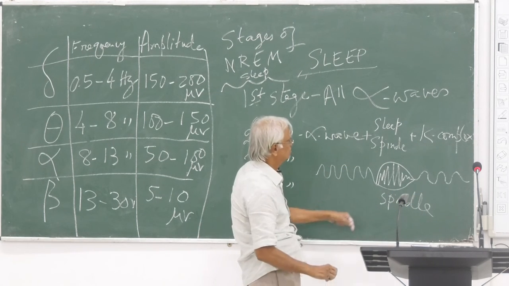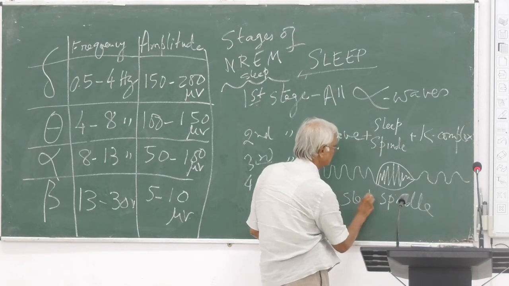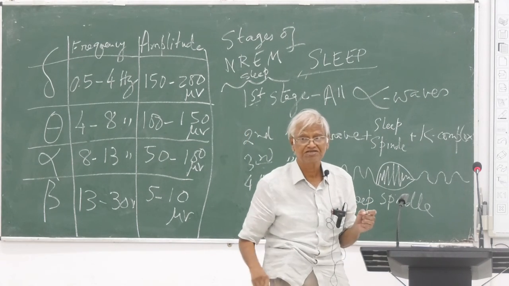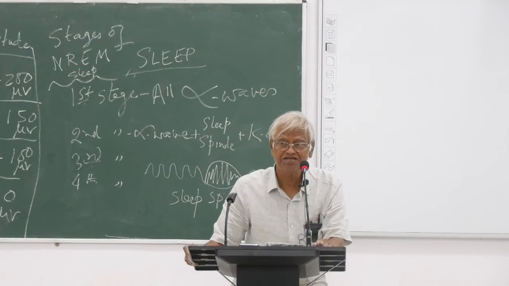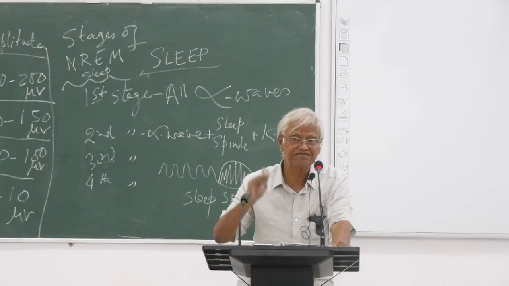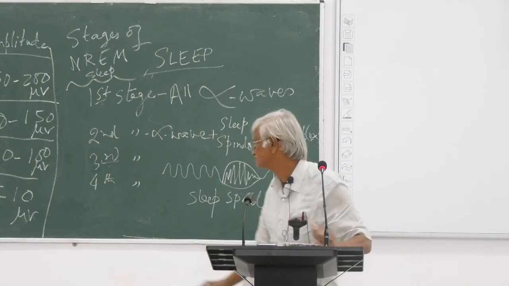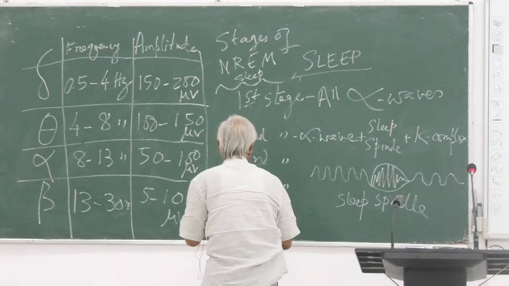This is called sleep spindles. So alpha wave plus sleep spindles are interspersed between the standard alpha wave. If we take a long EEG, you will find alpha wave plus sleep spindles plus K complex. What is K complex?